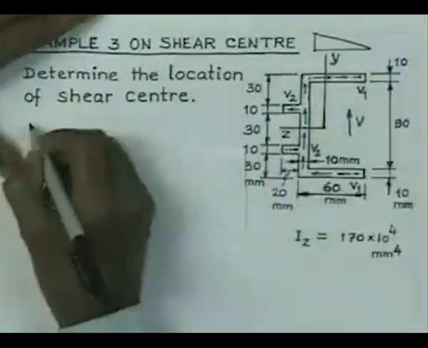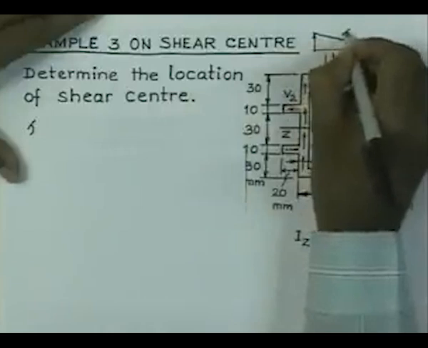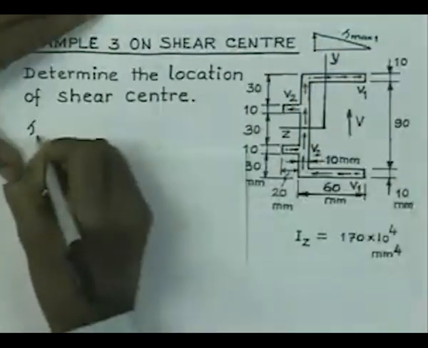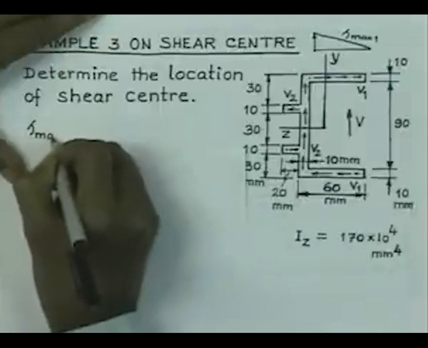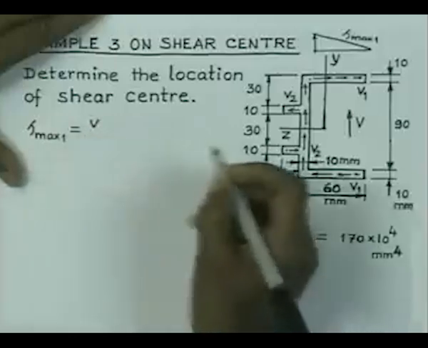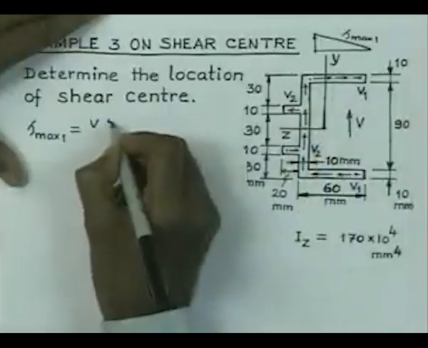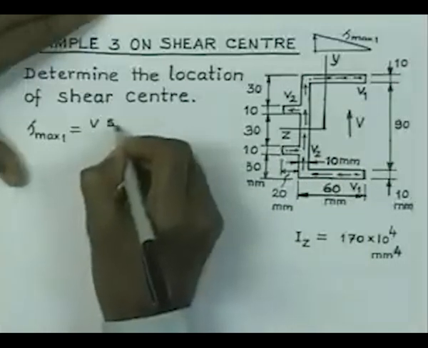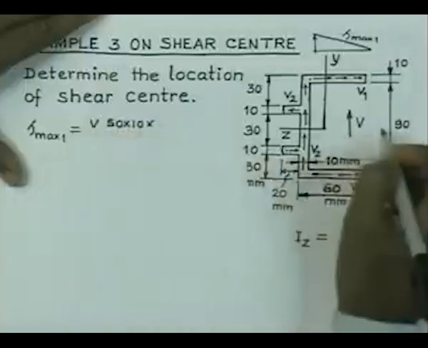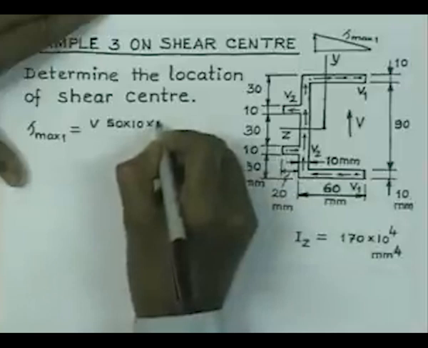So, the maximum shear stress, this one, if we indicate this by tau max 1, then this tau max 1 is equal to V, Q is nothing but first moment of this area about the z axis, that area is nothing but 50 into 10, and its distance is nothing but it is 45 plus 5, is again 50.